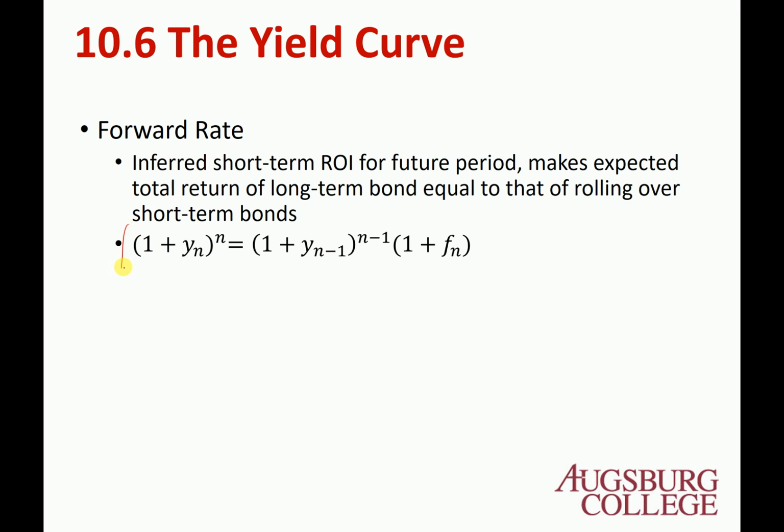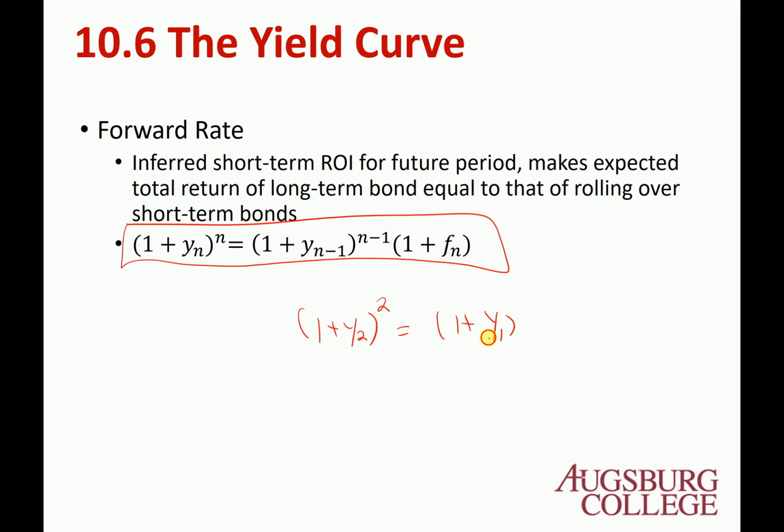So we have this formula. It means that (1 + Y2) squared, the year 2 spot rate squared, equals (1 + Y1), which is R1, times (1 + F2), I'm sorry, F2. This is the forward rate for year 2.